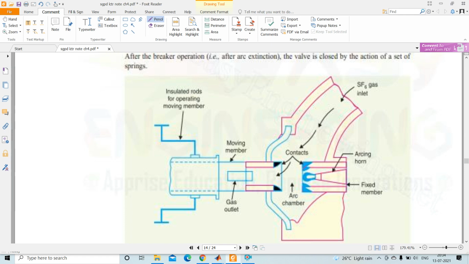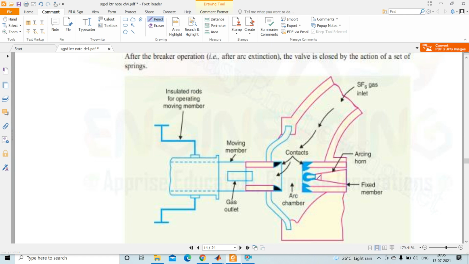With the opening of this contact, there is a flow of SF6 gas. This SF6 gas absorbs all the ionized particles and converts them into immobile negative ions.